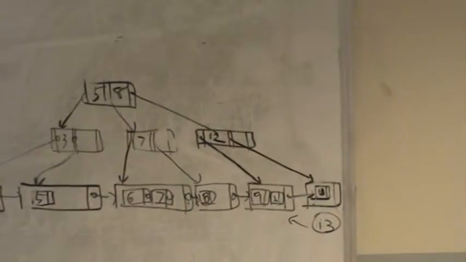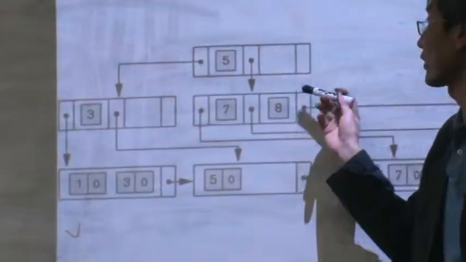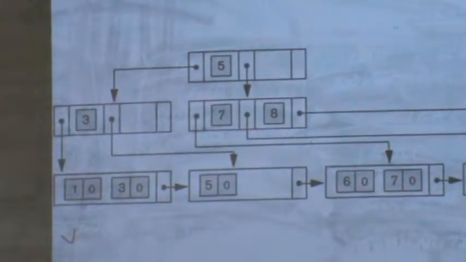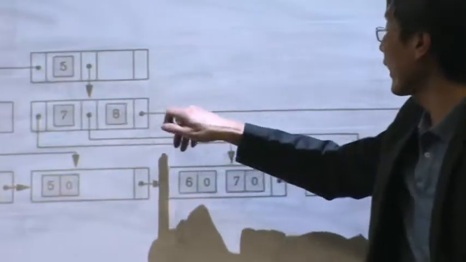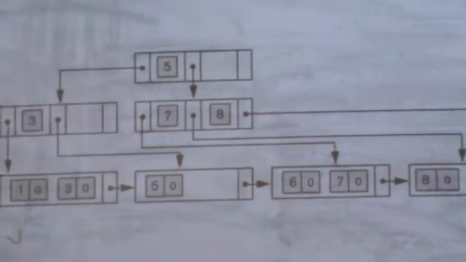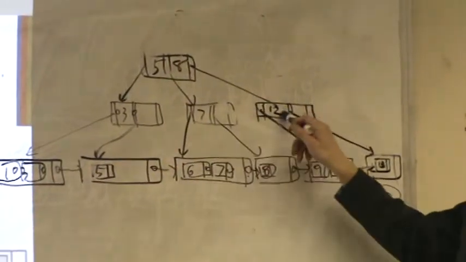Unfortunately, there is no space for 12, so we can follow the same procedure as what you have done in the B tree, because this structure is the same as a B tree. So 7, 8, and 12. Which one is the middle value? 8. So 8 will be promoted. Fortunately, there is a space. So 7 and 12.